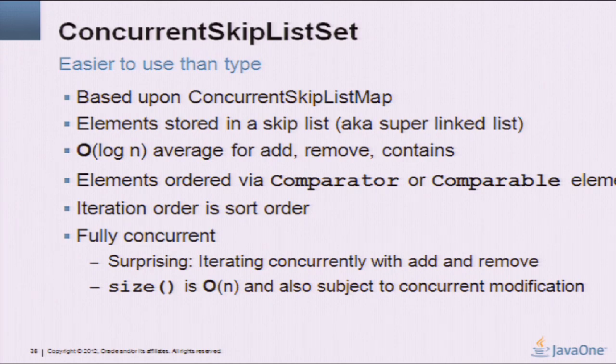One thing that's really odd about concurrent skip list set is that most people are used to being able to call the size operation on a collection and have that be a relatively cheap operation. For concurrent skip list set, it actually has to enumerate all of the items in the set. And because it's enumerating, it might change concurrently while it's happening in order to generate the result from size.